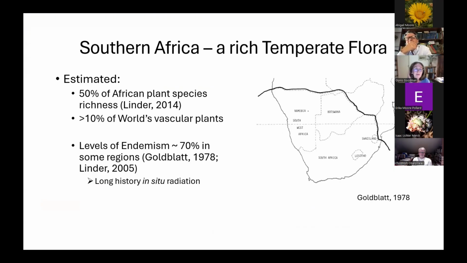Just to give you a little bit of background, Southern Africa has a very rich temperate flora. By Southern Africa, I'm referring to the countries indicated in the right-hand map.